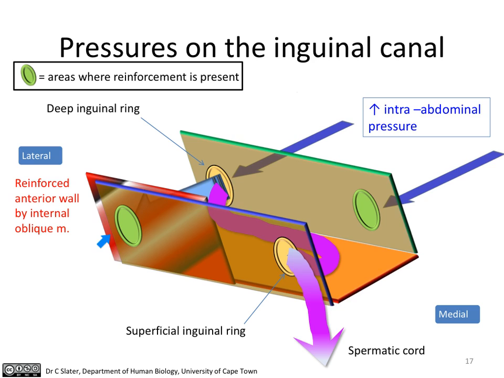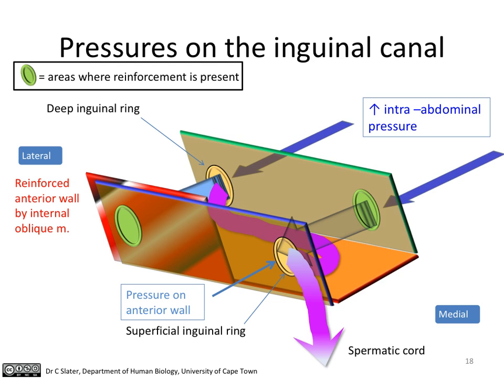However, we know that the anterior wall is reinforced laterally by the internal oblique muscle, so that any structure that might want to come through the weakness in the area of the deep inguinal ring, when it's pushed through the posterior wall, will come up against a reinforced anterior wall and will not push out through the structures of the anterior wall because it's nice and firm. So where there is a weakness in the posterior wall, we have reinforcement in the anterior wall as a compensation.